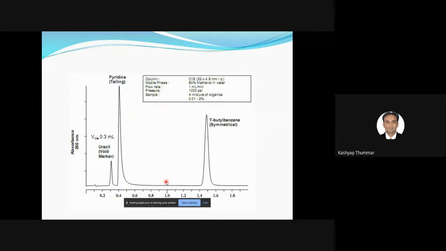Here you can see one of the USP chromatograms. Pyridine is very basic in structure. The peak starts very sharp, but when it comes to the end, it shows some kind of fronting, sorry, tailing.